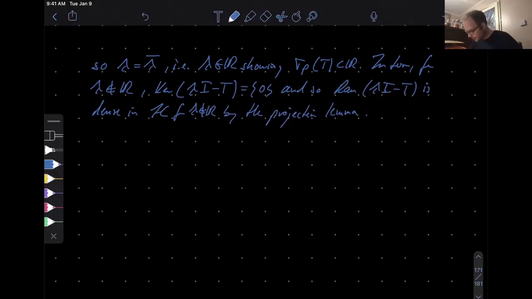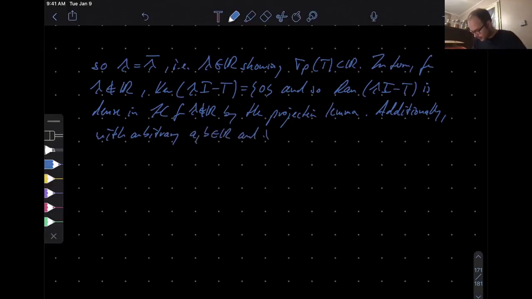Now moving ahead, let's do a little side computation with arbitrary a, b real and x a vector. What I'm going to compute is the following. So a plus ib, this would correspond to lambda, then identity minus T, all of that acting on x, squared norm.